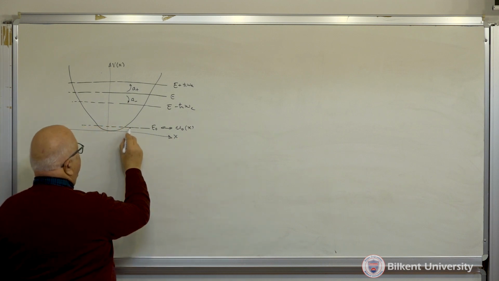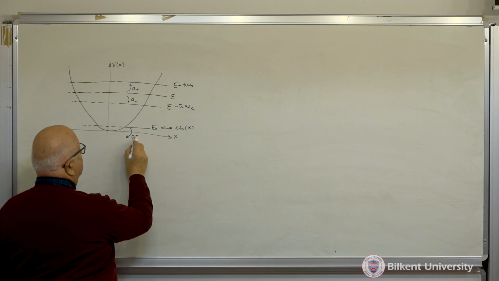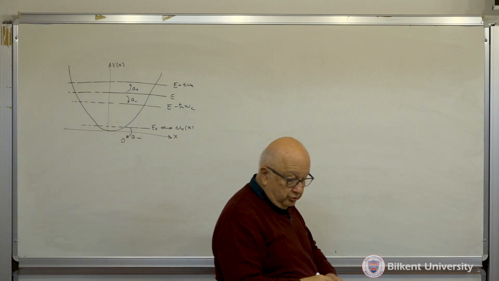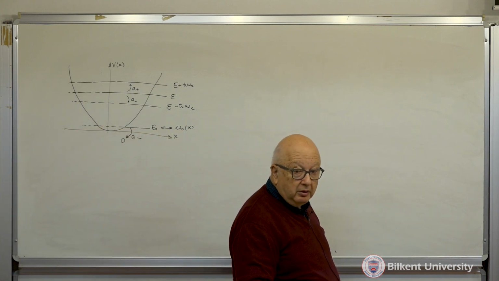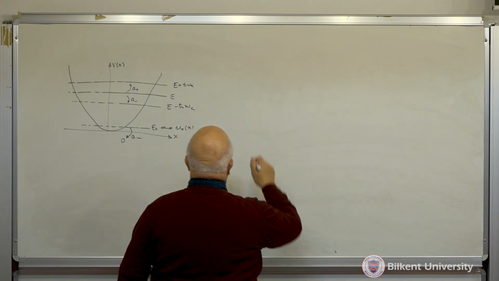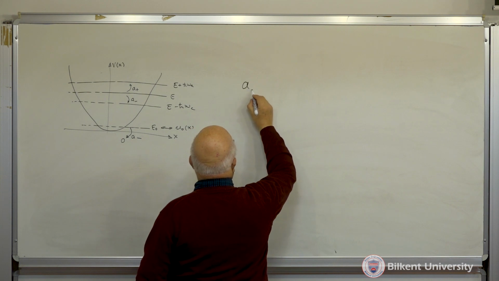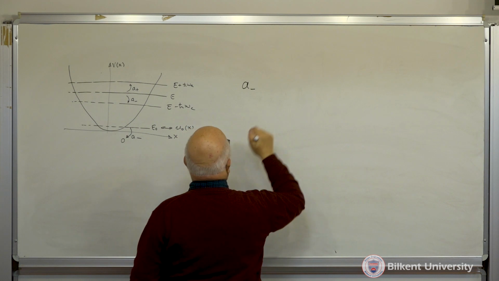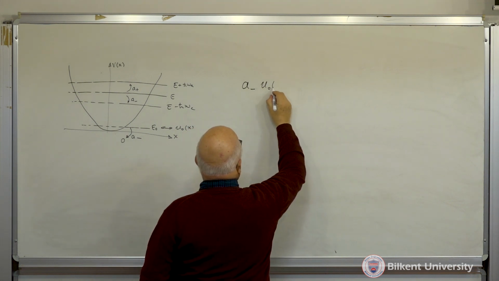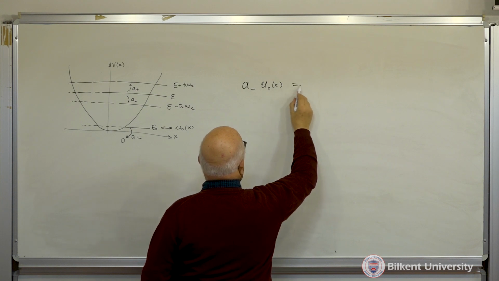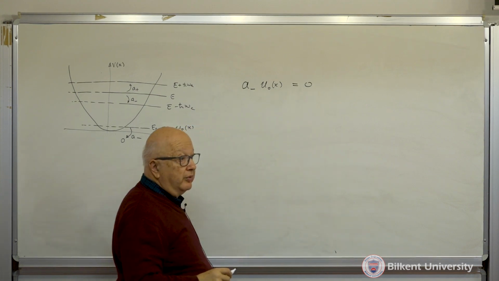Now, when I apply A minus to that, I should get 0. Okay, so the solution should disappear. So that implies that A minus times U0 of x is going to be equal to 0.